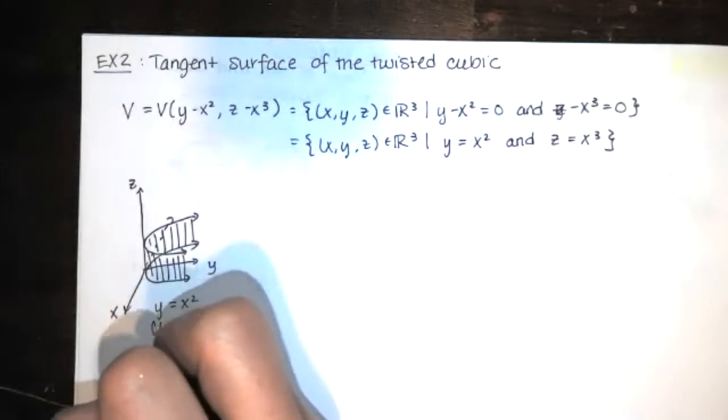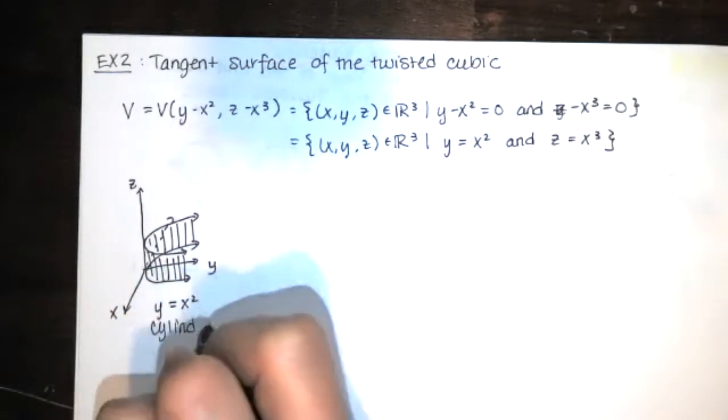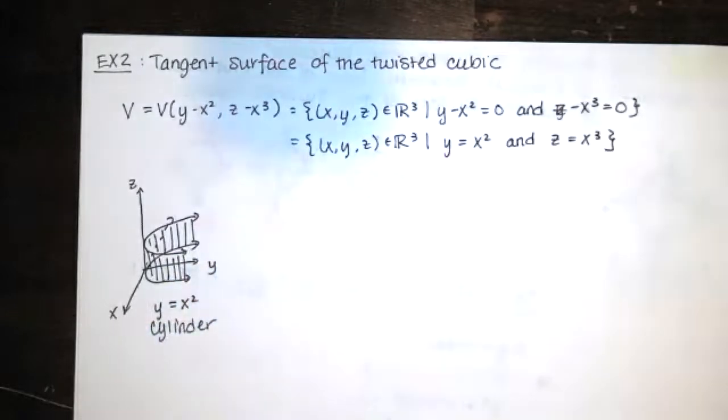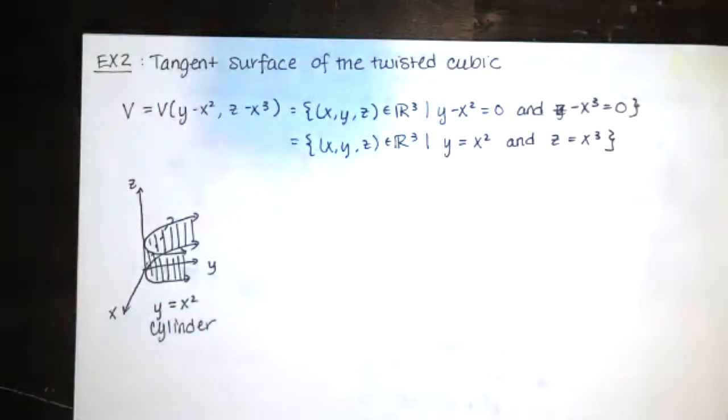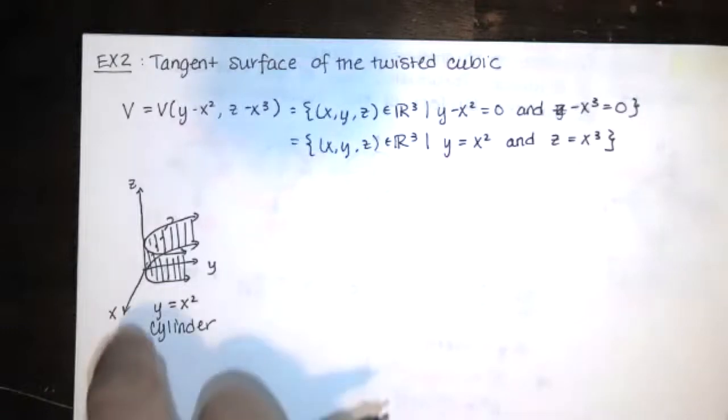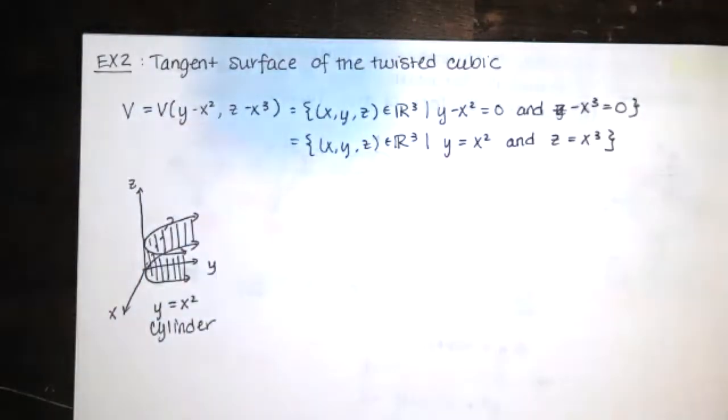That's a cylindrical surface. It's a cylinder in the multivariable calculus sense. The rulings are parallel to the z-axis. It just looks like y equals x squared, but then z is free to be anything, and so it extends in the z direction. It would extend up and down. I'm just drawing part of it above the xy plane there.